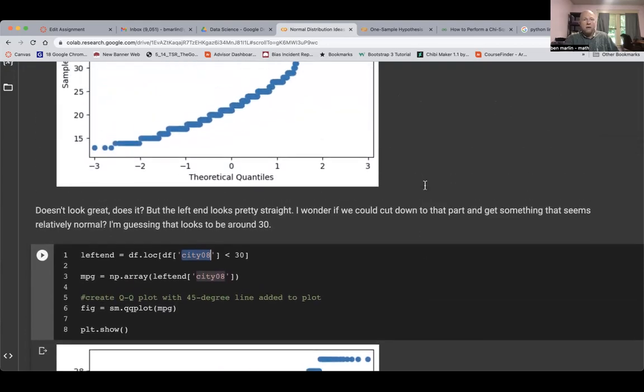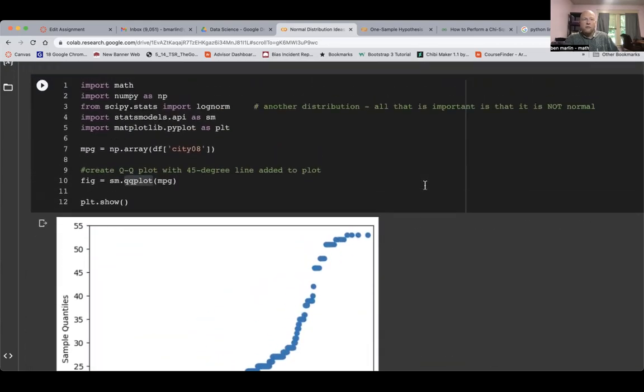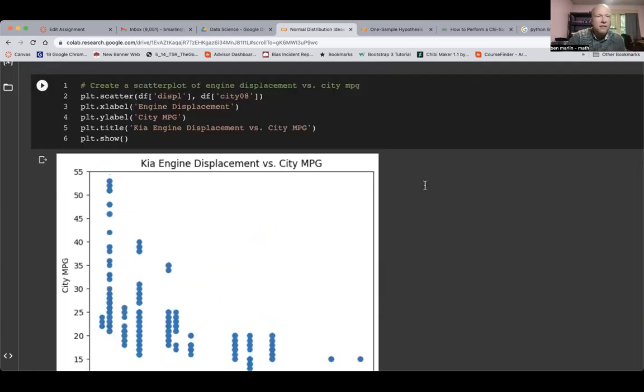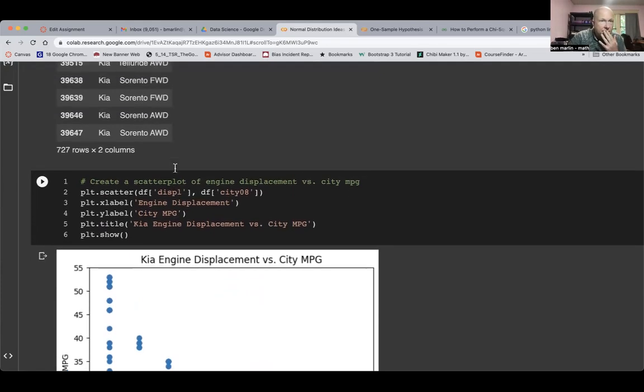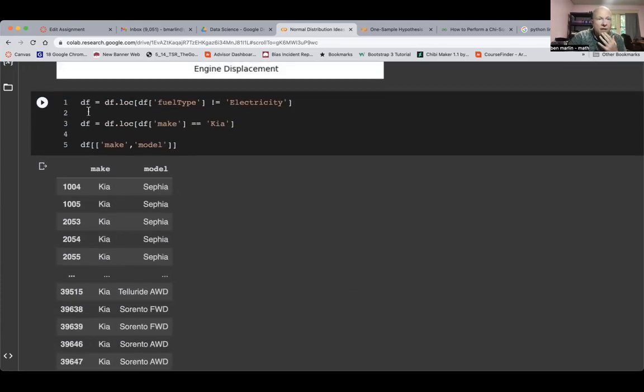Okay. But if you're interested in doing this, whereas I took here and pulled, what did I pull? I took and pulled the data that was not electric and that was Kia's, right? If you want to do Dodge or Alfa Romeo or anything like that, you can just change make to that.